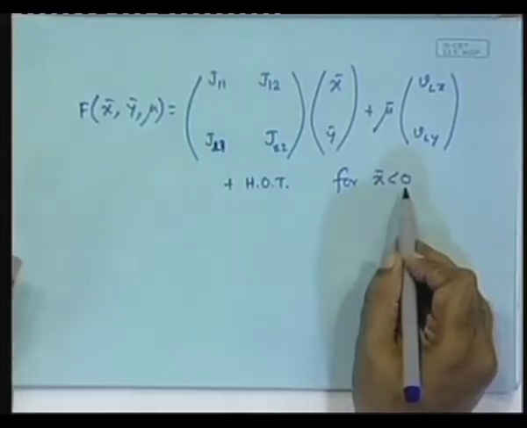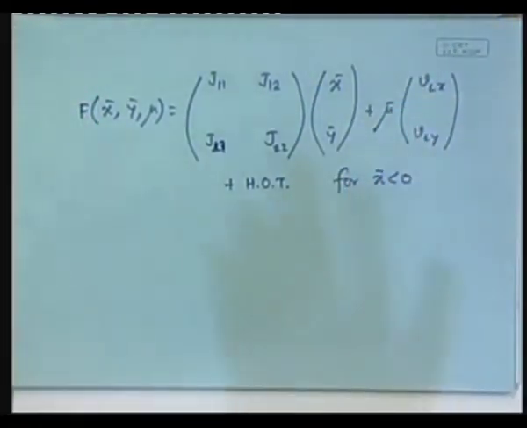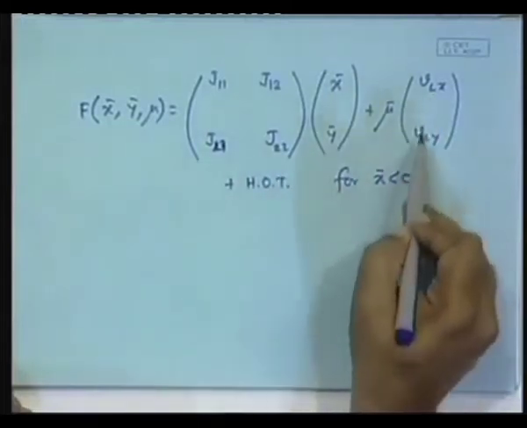So, let us first consider only the left half, and then we will do the same thing in the right half. There is nothing special about it. So, let us now write down what these are.